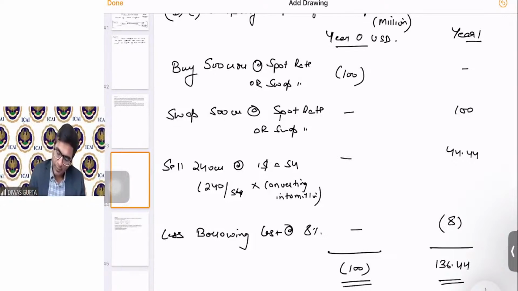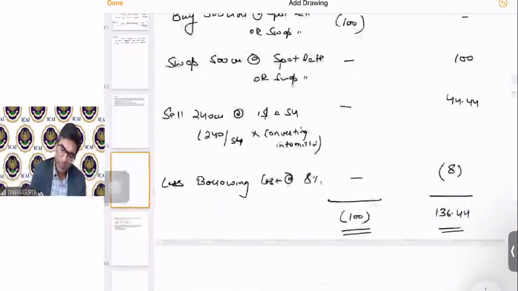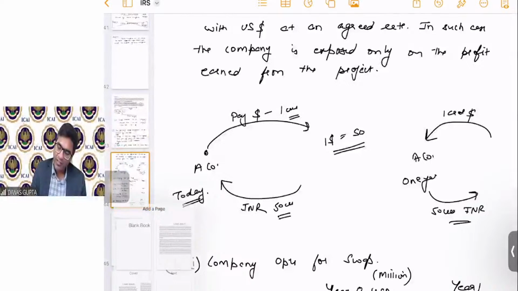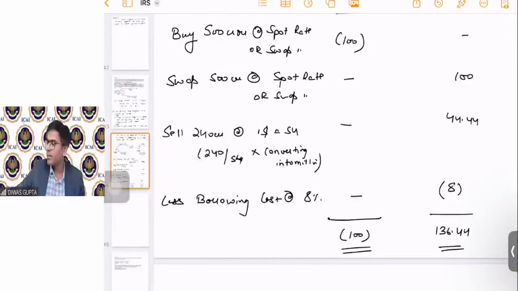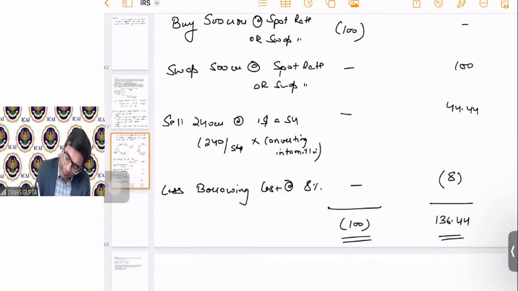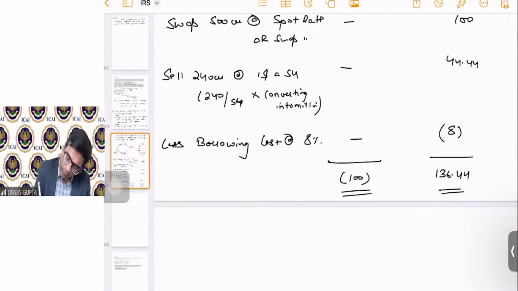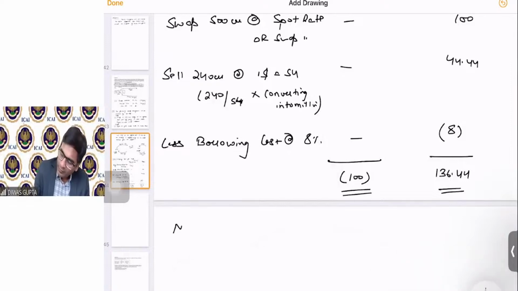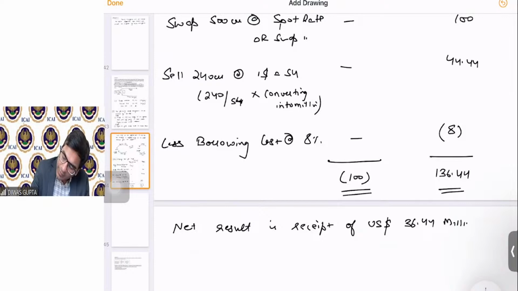Then, so we have done the calculations that the net result is receipt of US dollar 36.44 millions.